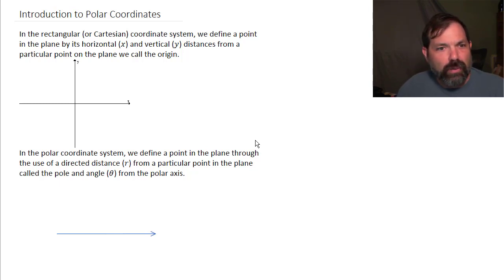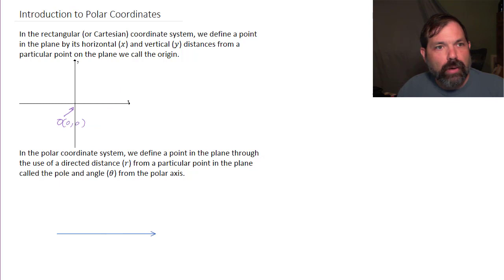Alright, so just as a reminder, what are we used to? We're used to what's called the rectangular or Cartesian coordinate system, and in this system we define a point in the plane by its horizontal and vertical distances from a particular point in the plane we call the origin. We call this point where those axes meet the origin, O, and it's the ordered pair (0, 0).